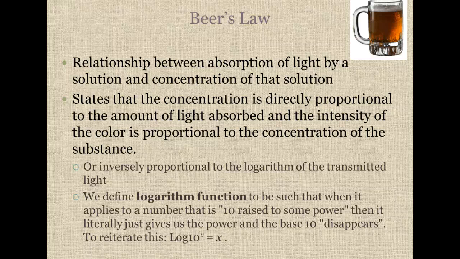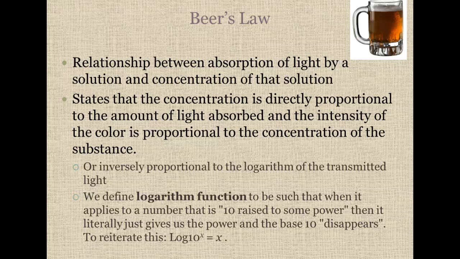Now when you look at the strong craft brew beer, it has a higher alcohol content, and if you were to shine a flashlight through that, it would have a higher absorbance because it would absorb more of the light because of the dark color. Less light would transmit through. So a certain amount of light is absorbed and a certain amount of light is transmitted.